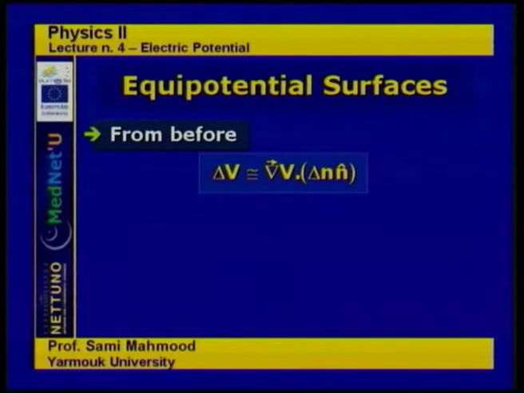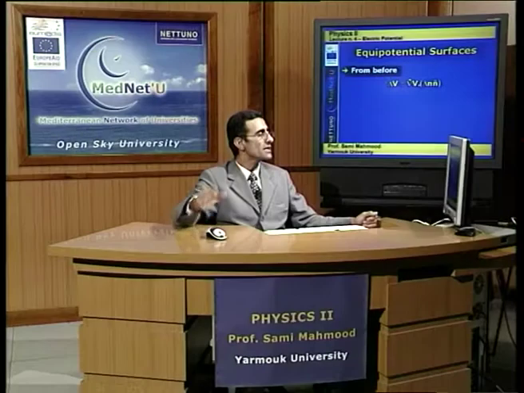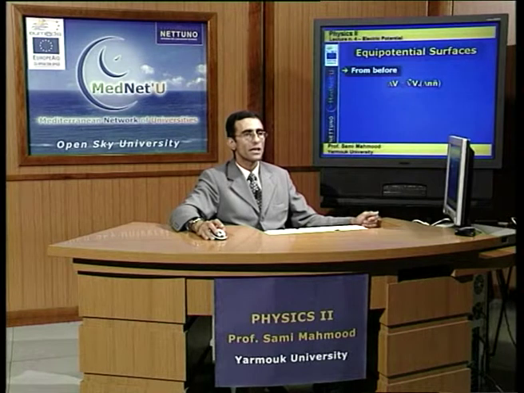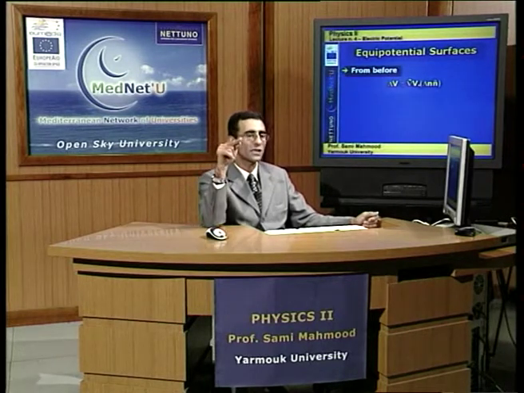From the definition before, the difference between the potential between the two surfaces is by definition equal to the gradient of V dot the displacement between the 2 points on the two surfaces, which is delta n times n hat. n hat is the unit vector in a direction perpendicular to the surfaces.